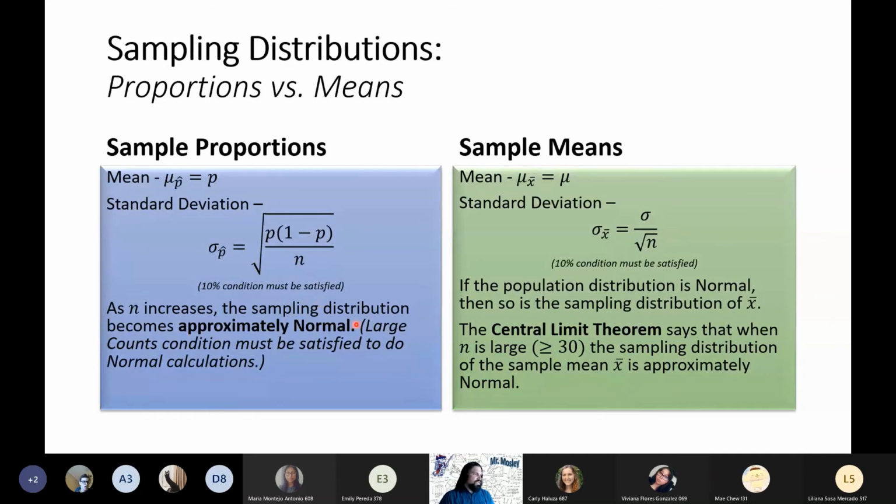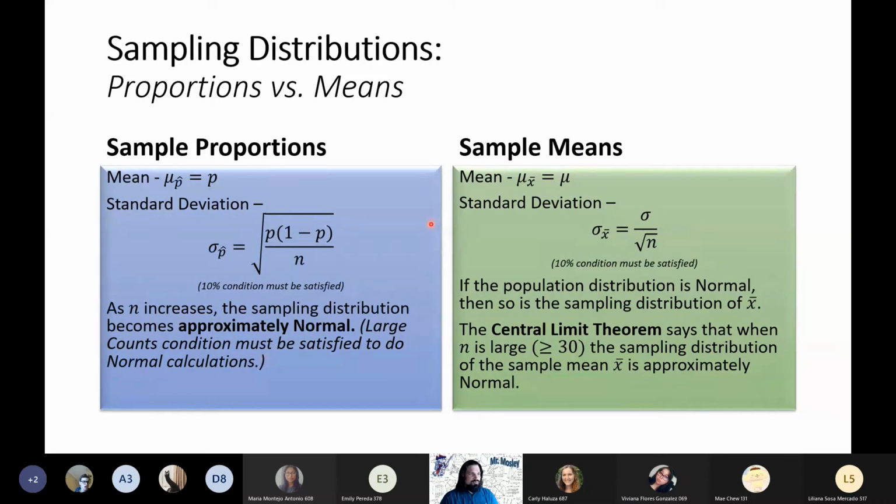And as n increases, the sampling distribution becomes approximately normal. The large counts condition must be satisfied to do normal calculations. Again, that is having at least 10 successes and at least 10 failures. So np and n times 1 minus p both must be greater than or equal to 10.